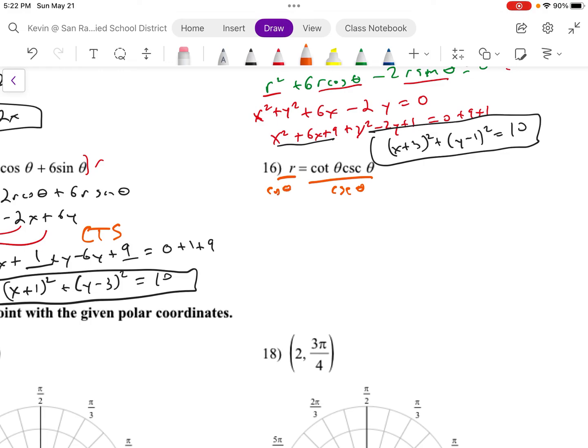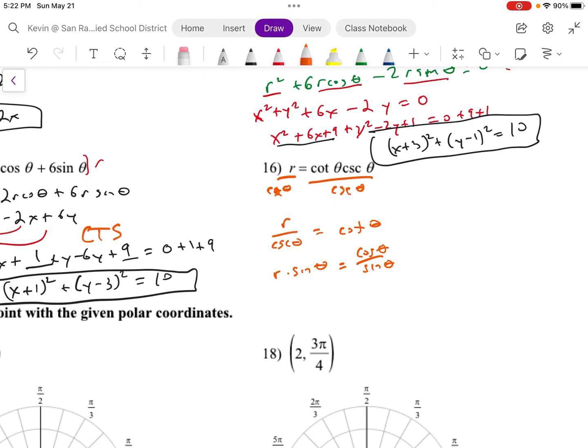So I have r over cosecant theta equals cotangent theta. Cosecant theta would be the same as r times sine theta equals cotangent theta, which would be cosine theta over sine theta.